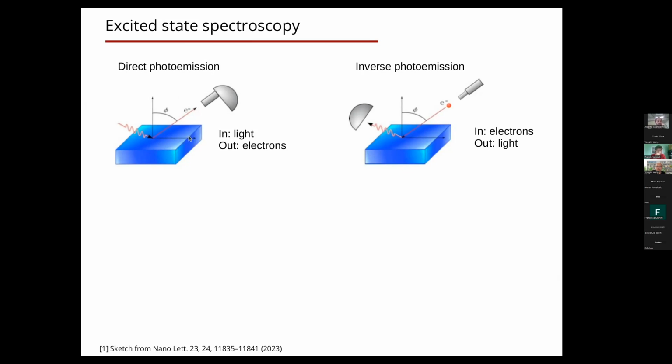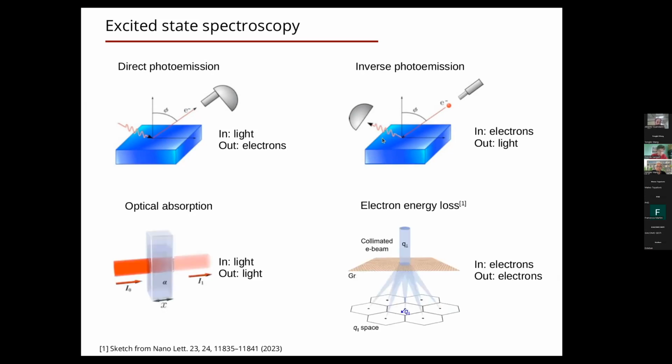In this case, we are able to probe the valence states, as I will show in a moment, while in inverse photoemission experiments, the opposite happens. So electrons are injected into the sample, and what is measured is the light coming out from the sample.